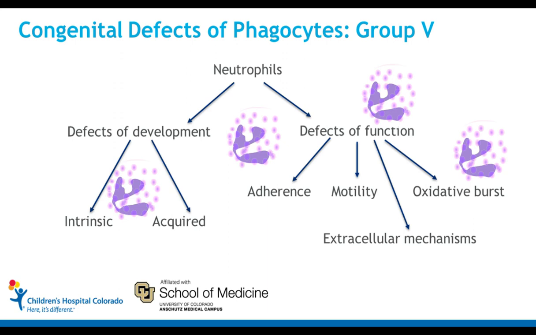Defects of function can affect multiple functions of the neutrophils: their adherence to the endothelium, their ability to move or chemotaxis, their ability to produce good reactive oxygen intermediates that are responsible for bacterial clearance, or some of the extracellular mechanisms that they use to combat infection.